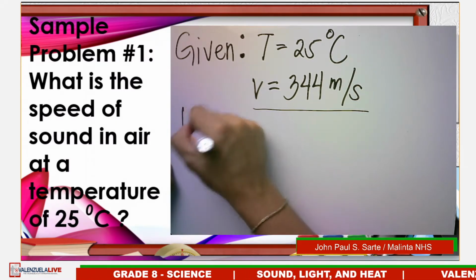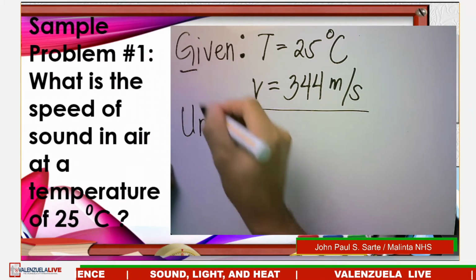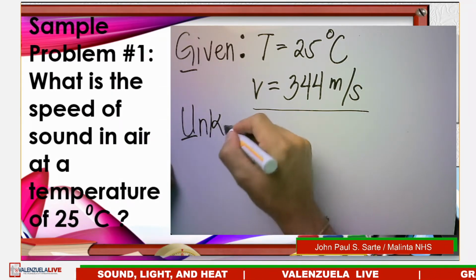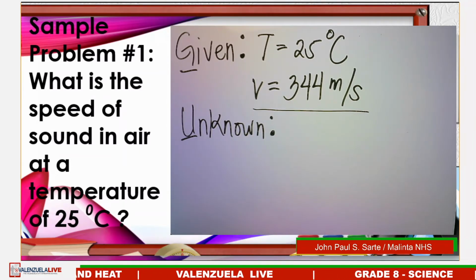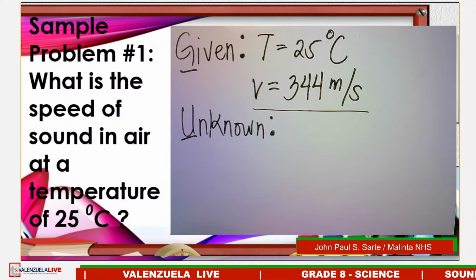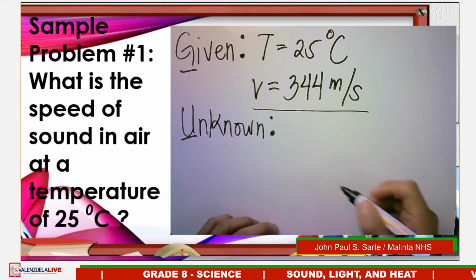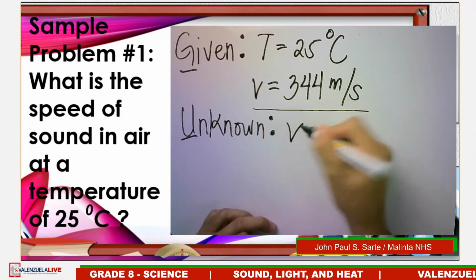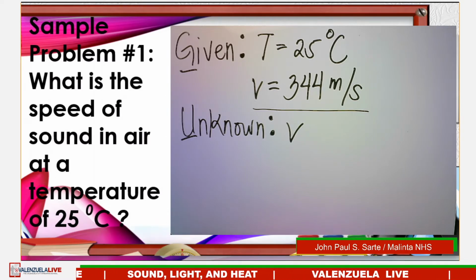That is unknown. U. We have the G given, U unknown. So what is missing in this computation, class? Because we are asked to know the speed of sound, so that is small v. Okay? Do not forget that.